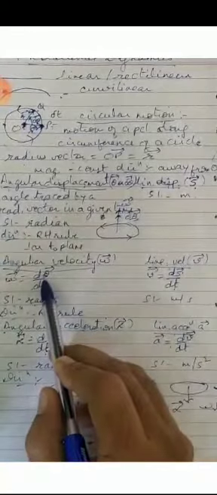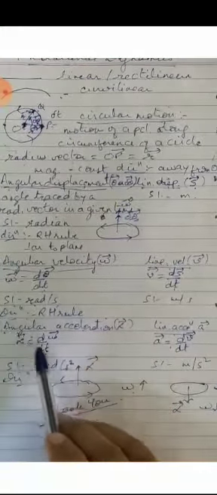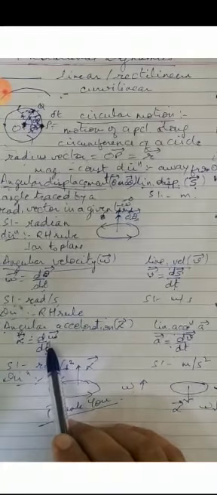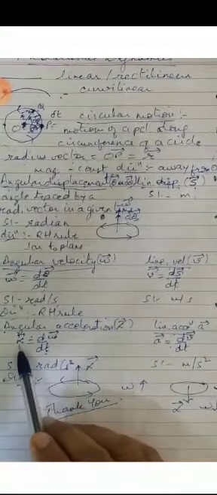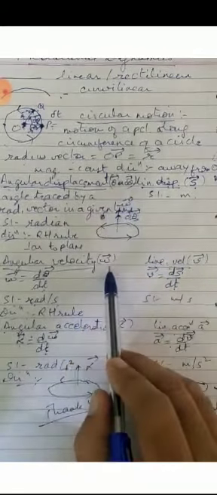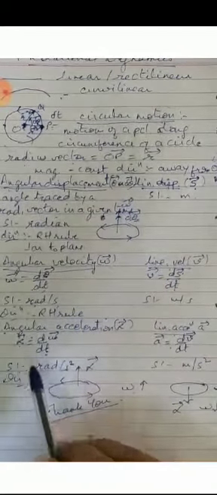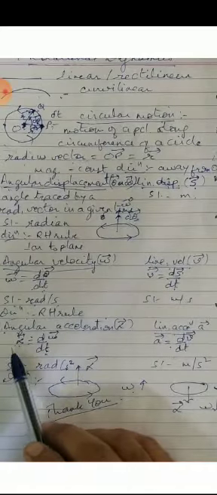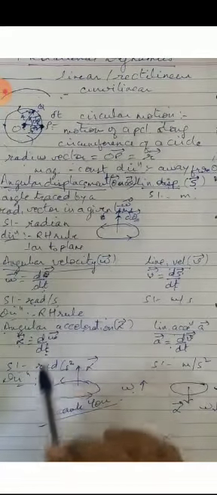The rate of change of this angular displacement with time is called angular velocity. And then next one is angular acceleration. The rate of change of angular velocity with time is called angular acceleration, alpha. So theta, omega and alpha, these are the three new physical quantities which we have seen.